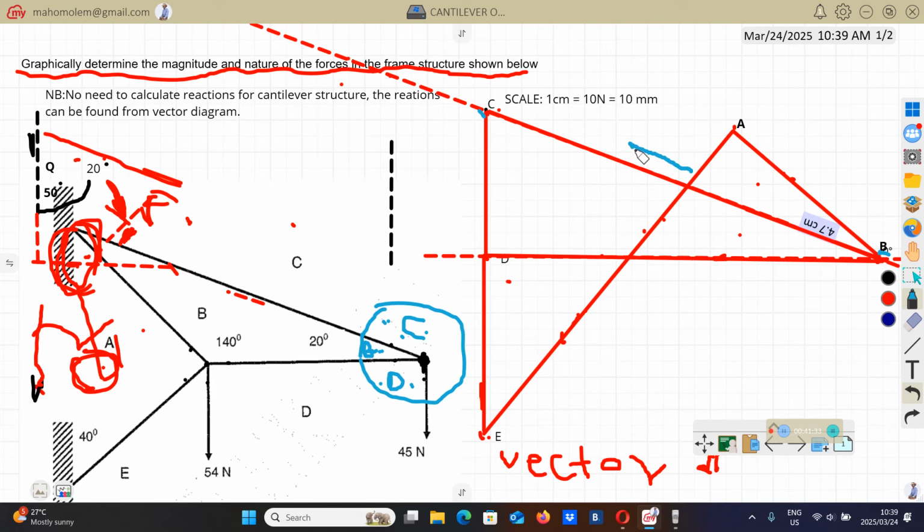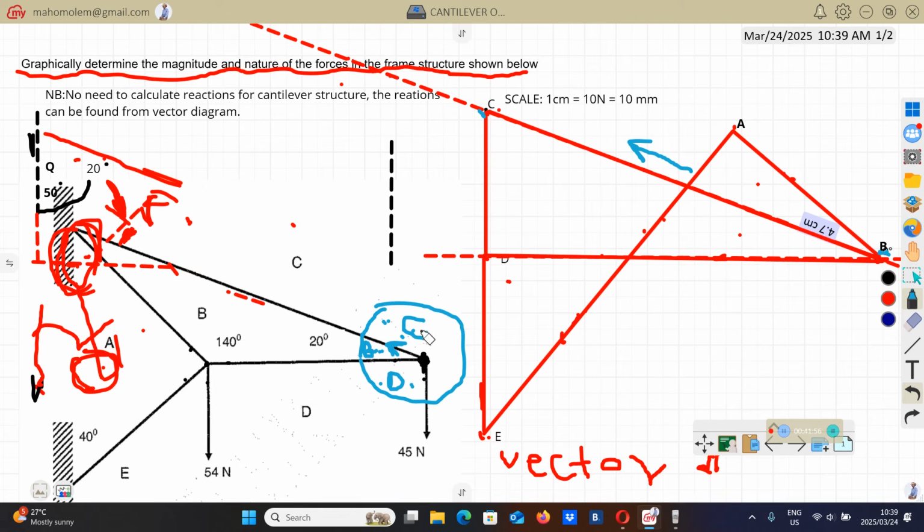You will be going up. Because when you move from B to C, you are moving up. Then from B to C as well here, we are going to draw an upward arrow there. So we'll draw an upward arrow like that.